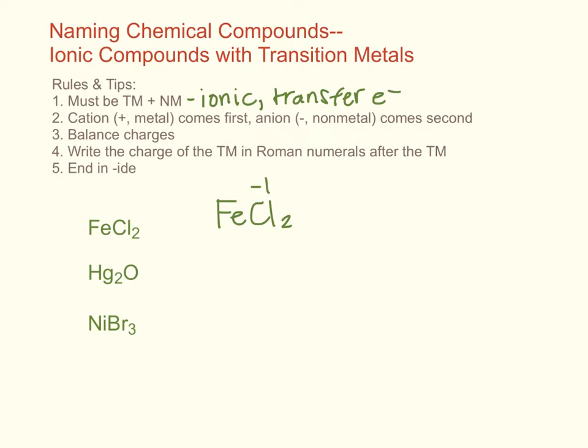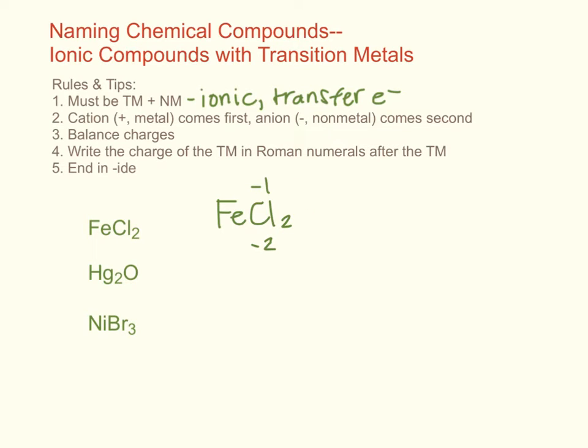Well, I don't know what my charge on my iron is, but I can actually work backwards to figure it out. So if each of my chlorines has a -1 charge and I have 2 chlorines, I have an overall charge of -2 from my chlorines. And since this is already in symbol form, I know it's already balanced.